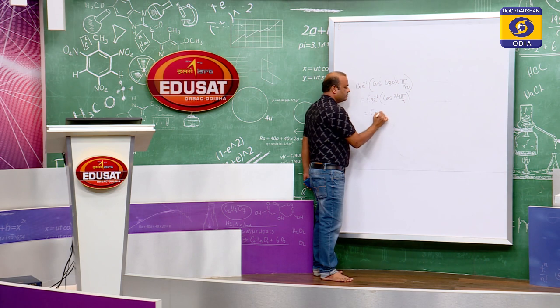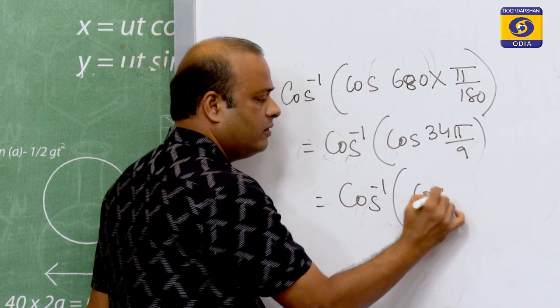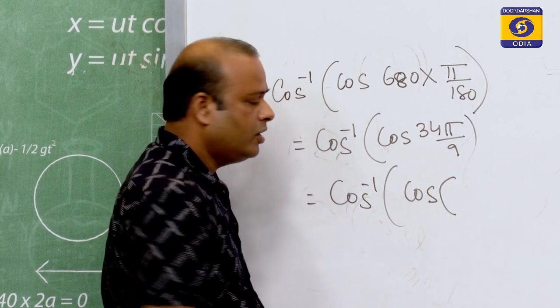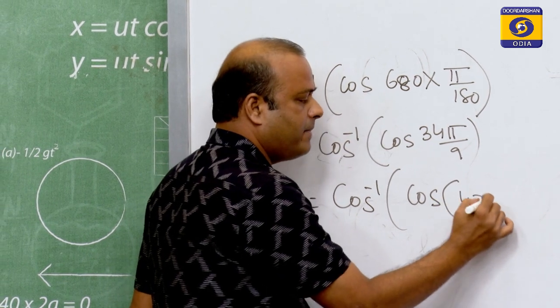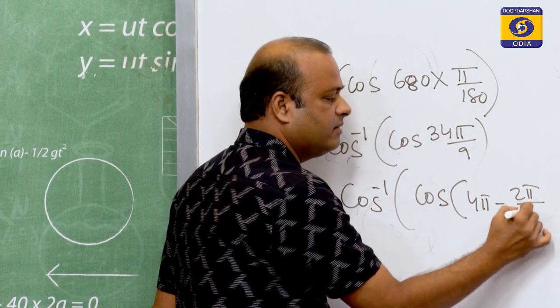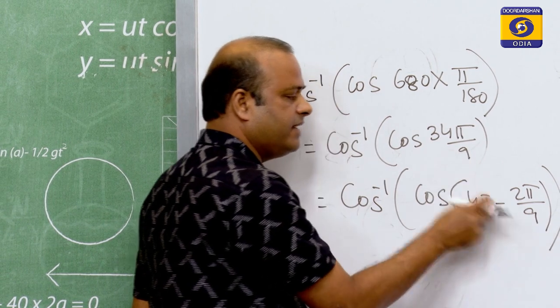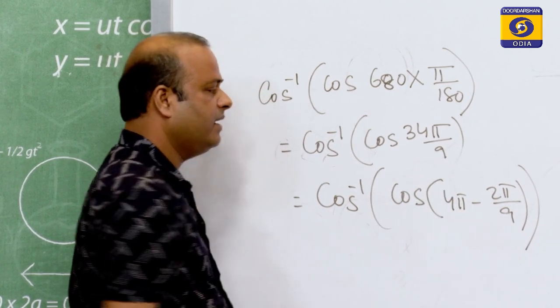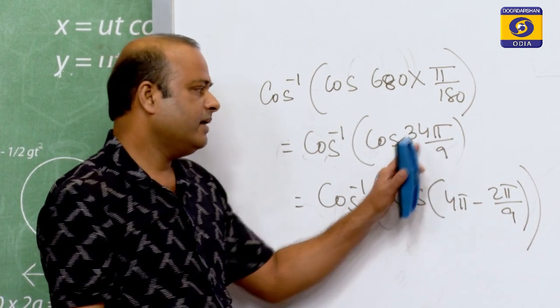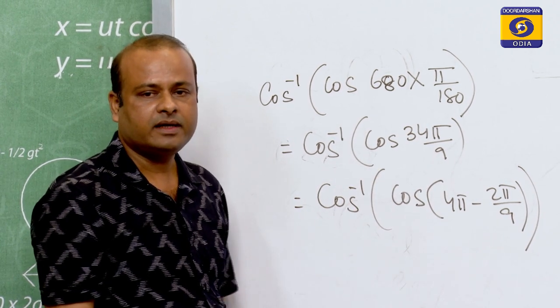So we have to reduce it to a value which lies between 0 to pi, that is cos inverse cos of 4 pi minus 2 pi by 9. It gives the same value, that is 36 pi minus 2 pi, that is 34 pi by 9.